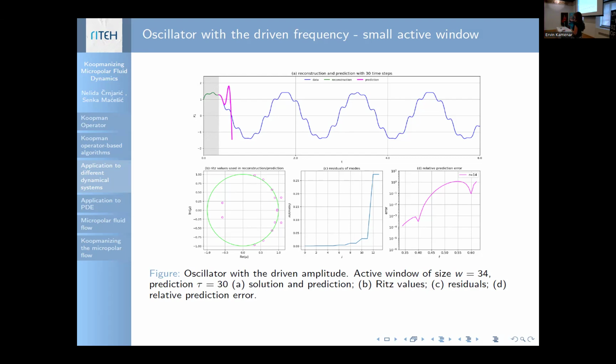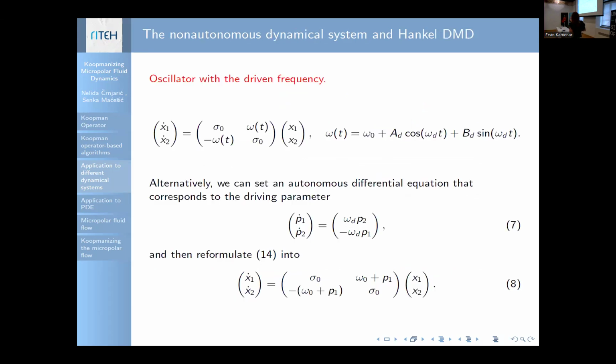So what can be done in this non-autonomous case? A non-autonomous system can be seen in a skew product formulation, for example, and if we can obtain a skew product formulation where the system becomes autonomous, then we can apply all previous ideas on it. This could be done if we enlarge the dimension and define P1 and P2 in the following way. This is just another way to represent the previous system.